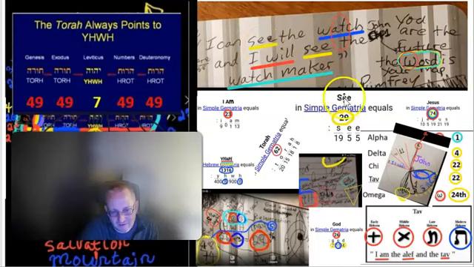And the Simple Gematria for C is 29. Right here, 29. This helped me figure this out. And then in this quote, you got the A and the T like this.